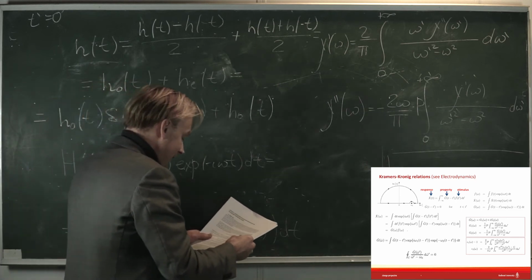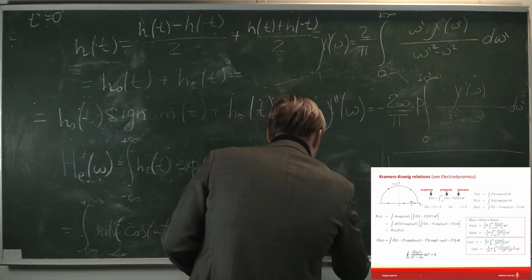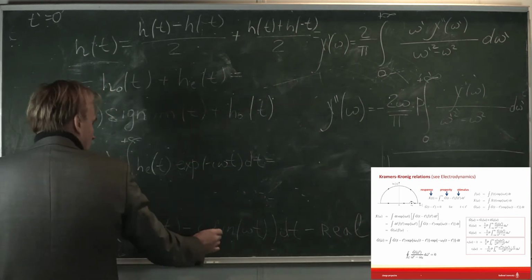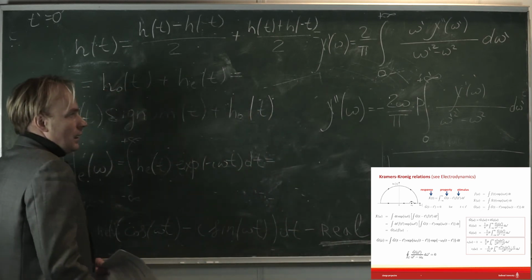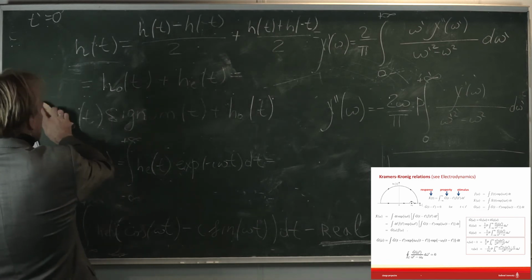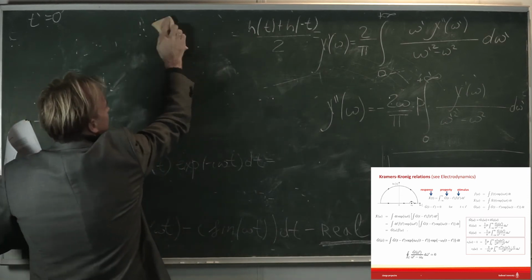So what you will get at the end is that the even part in the frequency domain would be a real number. Then you repeat the very same thing for the odd part.